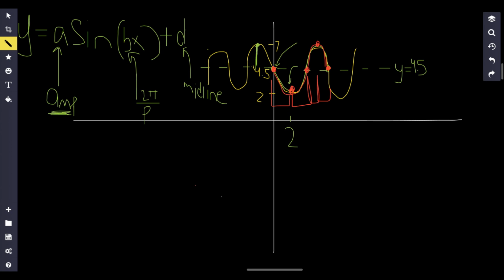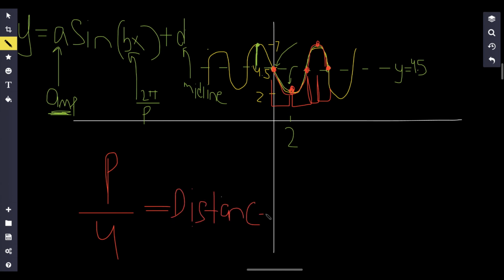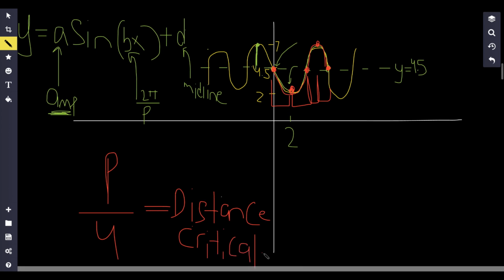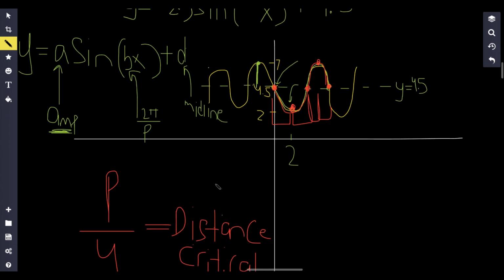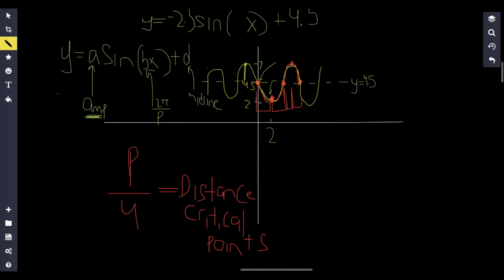In order to find out the distance from one critical point to the next critical point, what you do is you take the entire period and you divide it by 4. This gives you the distance between critical points. Right, so if I take my whole period and I divide it by 4, because there's 4 sections, that's going to give me the distance from one critical point to the next critical point.